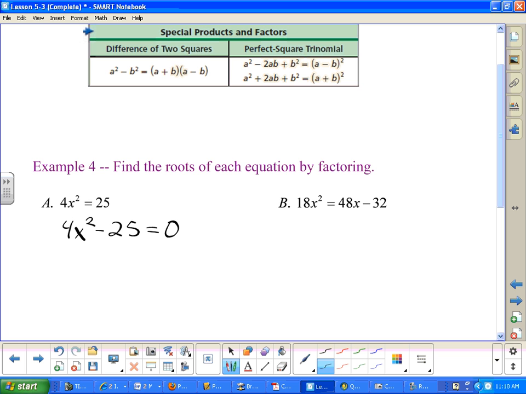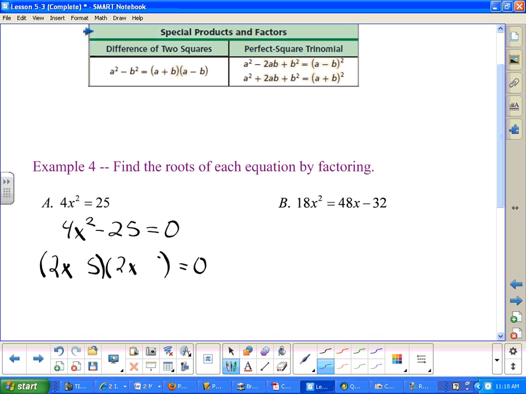Right? But this is the difference of two squares. So I can factor the difference of two squares. What's squared to make 4x squared? Okay, 2x. And what squared makes 25?